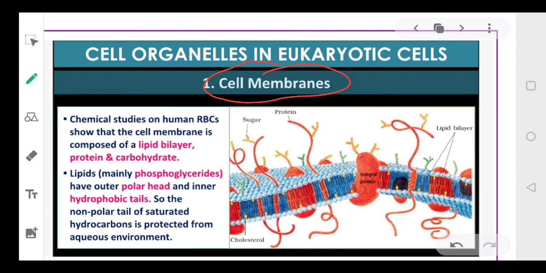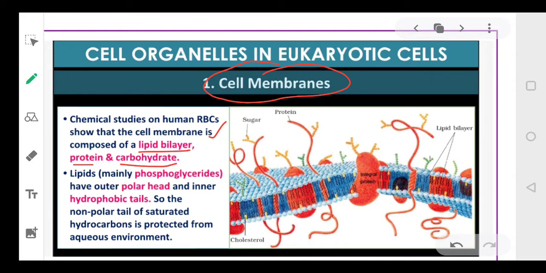It has been concluded from these studies, both from the microscope and from the chemical studies, that the cell membrane basically is made up of lipids and proteins. So your cell membrane is composed of a lipid bilayer. There are two layers of the lipids, proteins and some carbohydrates.